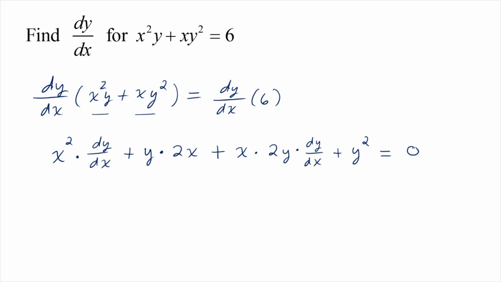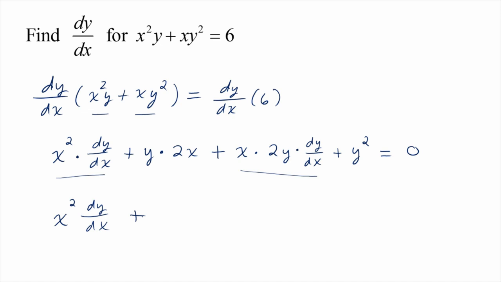Now we want to solve this equation for dy/dx. So here we see we have two terms that contain dy/dx. So we want to get those two terms on one side of the equation, everything else on the other. So we currently have x squared times dy/dx plus the other term that contains dy/dx.